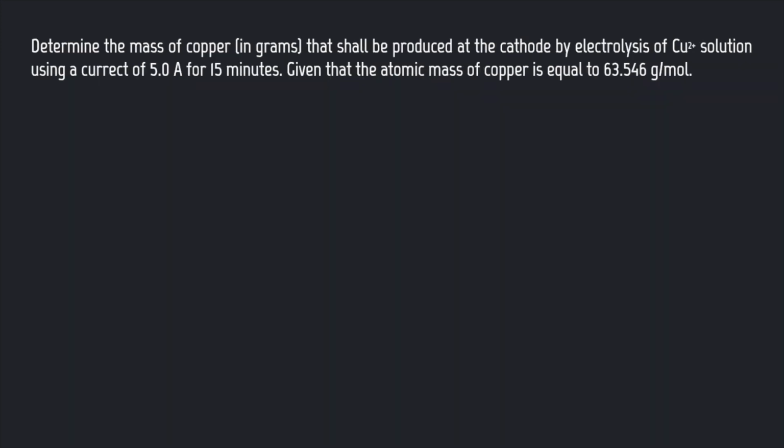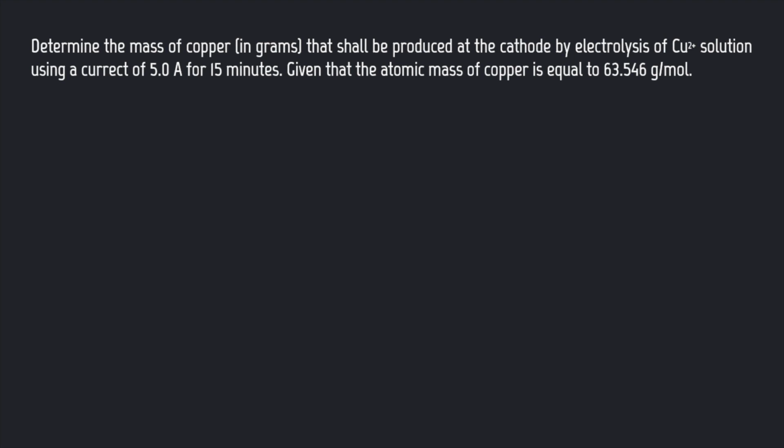Alright, let's move on to question number 2. Determine the mass of copper in gram that shall be produced at the cathode by electrolysis of copper 2 positive solution using a current of 5.0 ampere for 15 minutes, given that the atomic mass of copper is equivalent to 63.546 gram per mole.